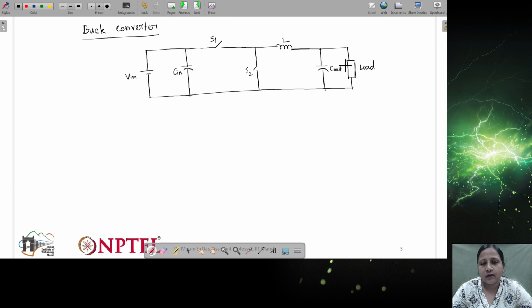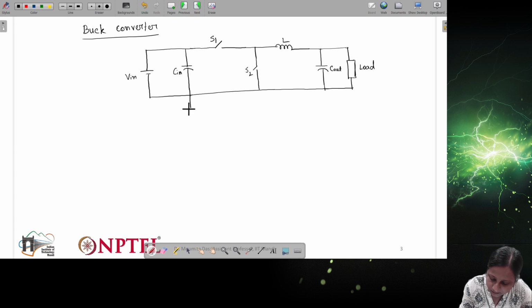Now ideally this converter should not have any other component, right? But in practical scenario, what will happen? There will be different parasitic capacitances. Sorry, I'll just use a different color for the parasitic components. So this parasitic capacitance will be present.